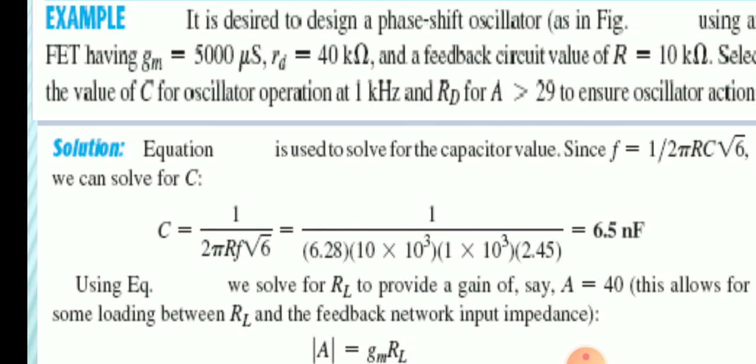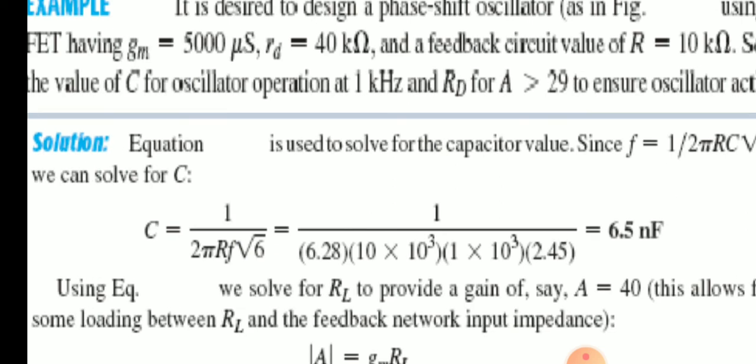So we have to use the equation for the frequency, that is f equals 1 by 2 pi RC into square root of 6. Using this we can calculate the capacitor value.